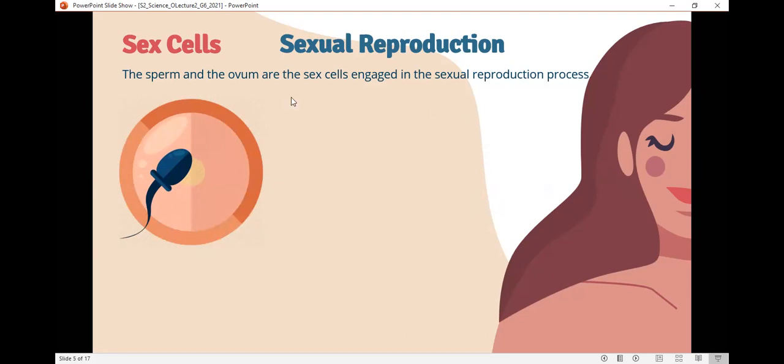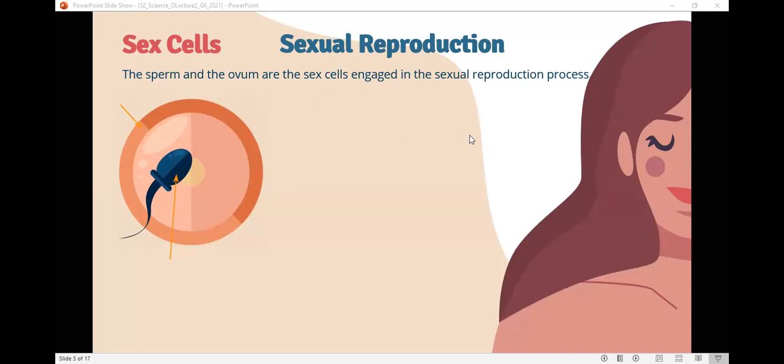Fertilization. Thank you, Angelina. This is fertilization. As you can see, the sperm fertilizes an ovum. And I told you before that when a sperm fertilizes an ovum, no other sperm can join. It's just one sperm with one ovum that combine to make a zygote.